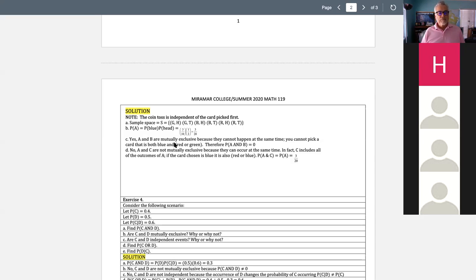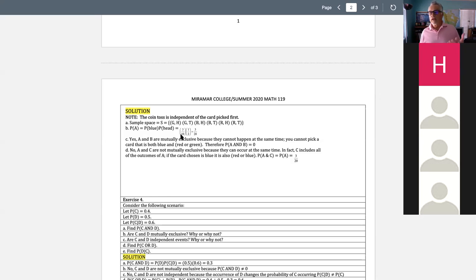Now, mutually exclusive means that the 2 sets that define the events have no elements in common. One clear example of 2 mutually exclusive events are the events A and the complement of A, which is denoted in your text by A prime.